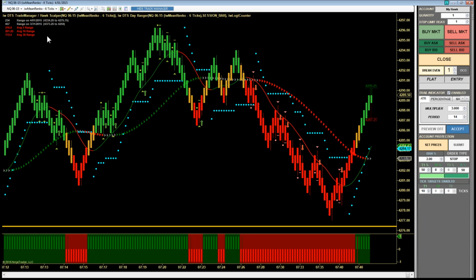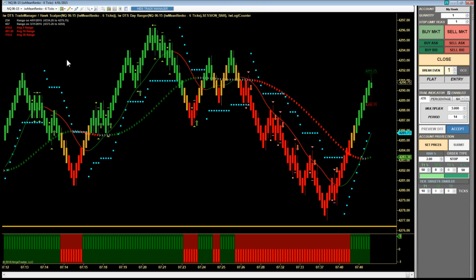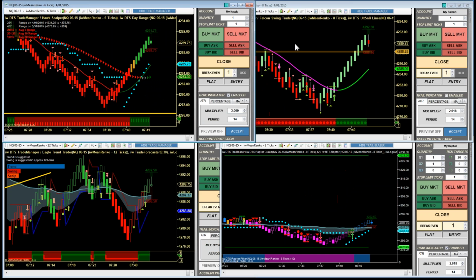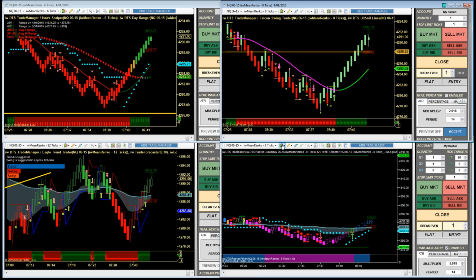So if the ranges are decreasing, you would be a little bit more conservative. If the ranges are increasing, you could be a little bit more aggressive. And it looks like we're back in consolidation mode.